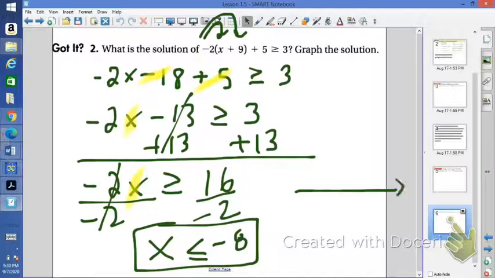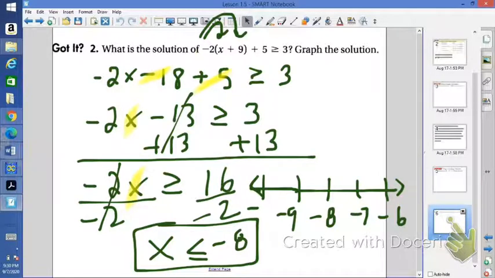we can represent that on this graph. So negative 8 is my boundary point, so I'm going to put that right in the middle. What are some points greater than negative 8? Negative 7 and negative 6. And some points less than negative 8, negative 9 and negative 10.